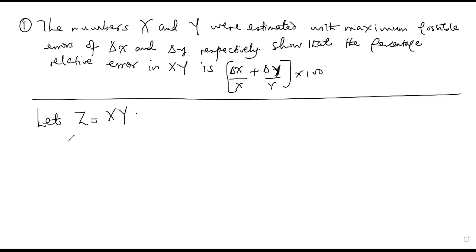So it would mean that Z plus delta Z will be equal to X plus delta X into Y plus delta Y. That is if you want to continue with the capital letters as required. So you continue and you see what you're going to come up with. But it's a very easy question to move on with.